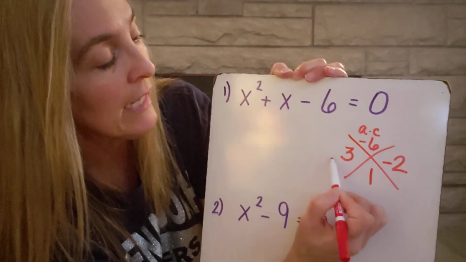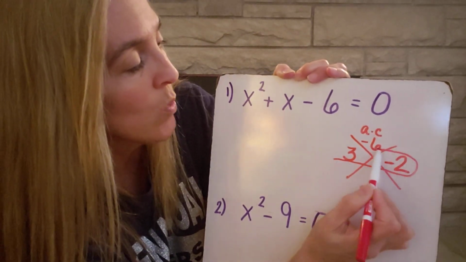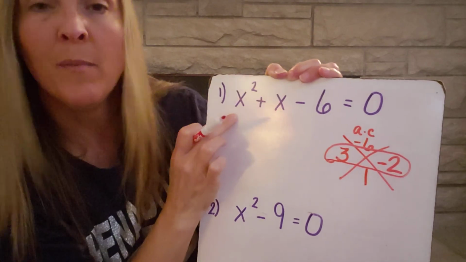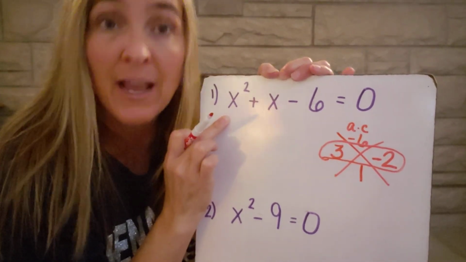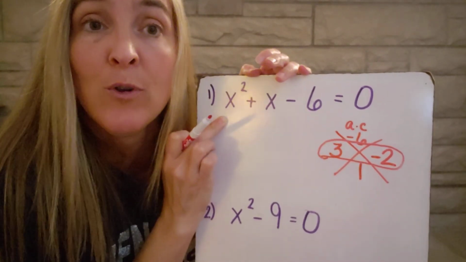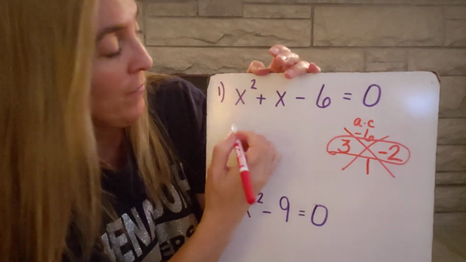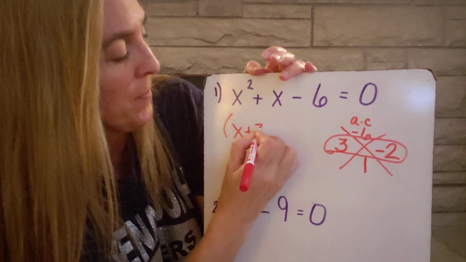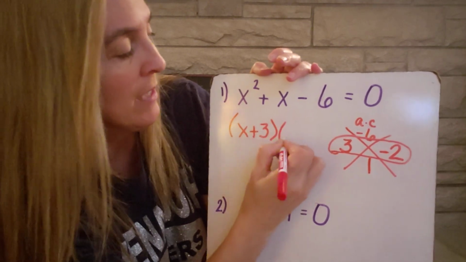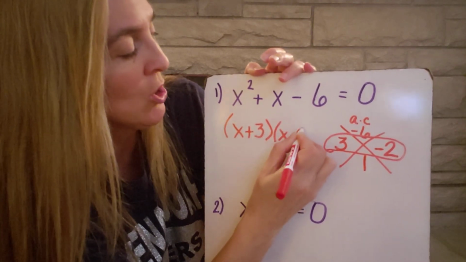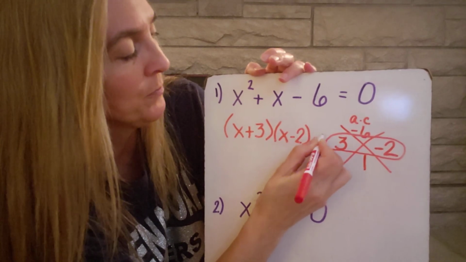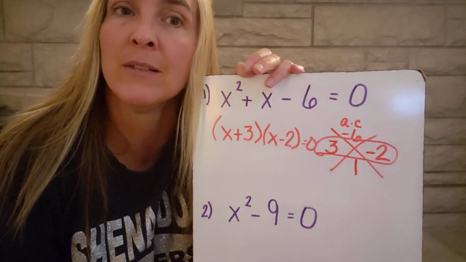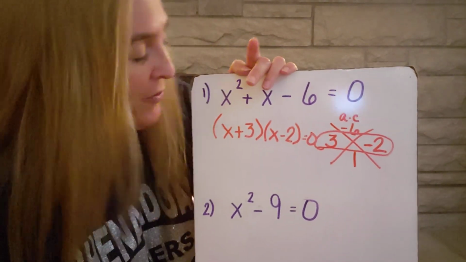And since our lead coefficient was 1, remember, we don't have to do all that extra work of factoring by grouping. If your lead coefficient is 1, you can simply say x plus 3, the quantity, times x minus 2, the quantity. Boy, it's been a while since we've done this. This might be a very good review for us.